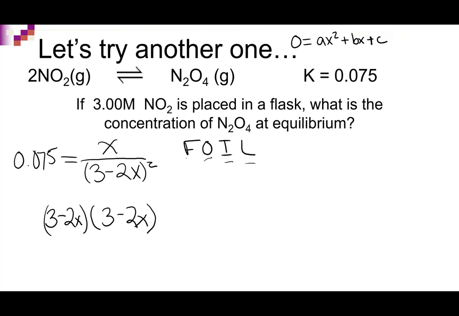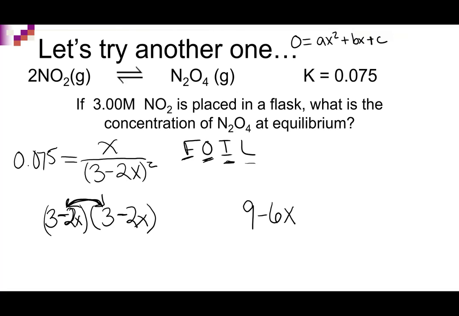FOILing tells me that I'm going to multiply the first numbers. So 3 times 3 is going to give me 9. Then I'm going to multiply the outer numbers, on the outside and on the outside. So 3 times negative 2x is going to give me a negative 6x. And inner is going to be the numbers on the inside here.